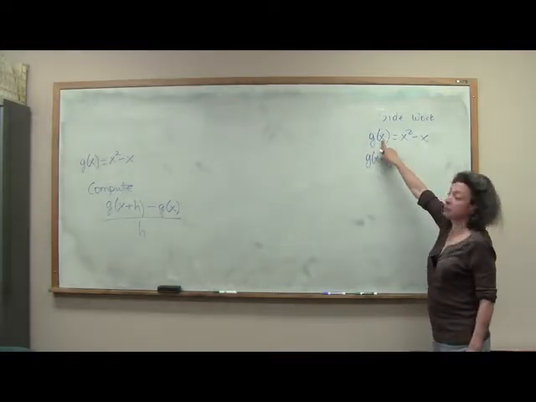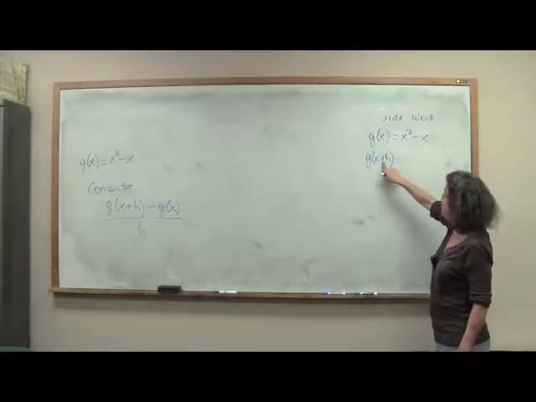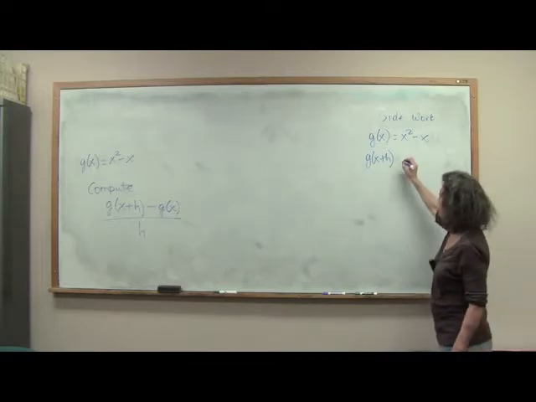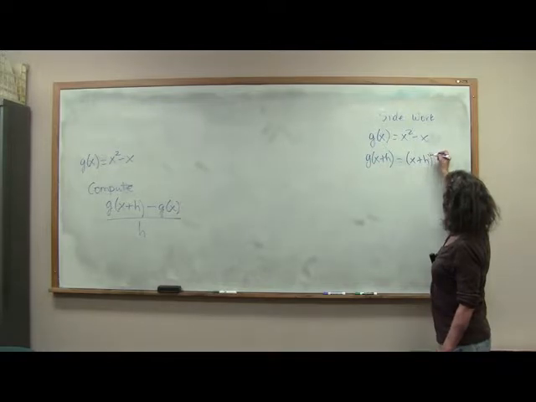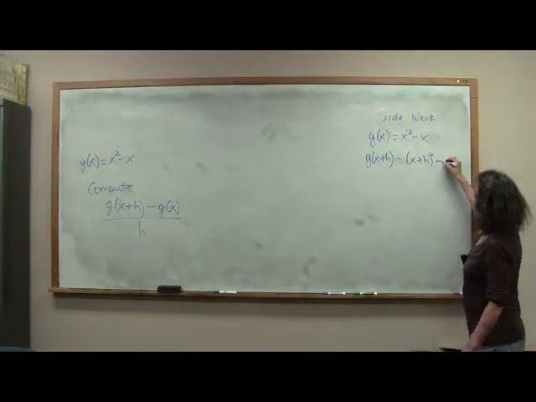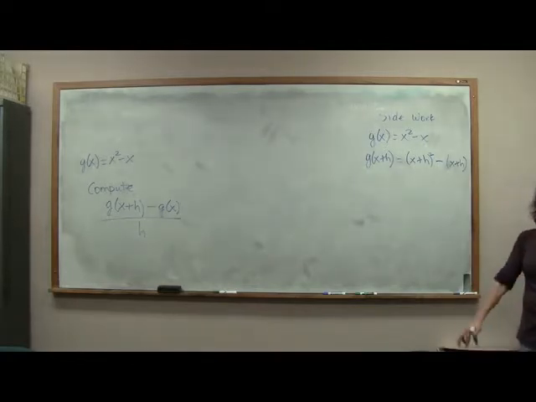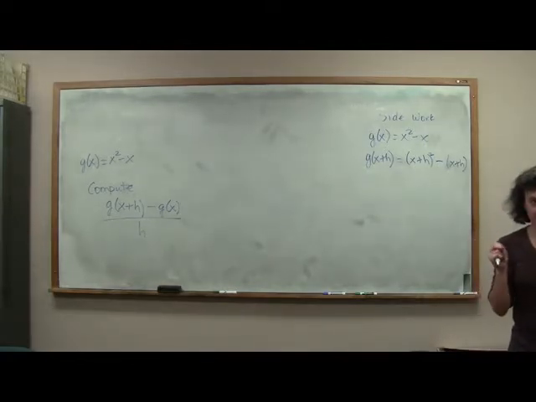Well, everywhere we see an x in our function g, we're going to plug in an x plus h. So, I see an x here, so I plugged in x plus h, and I see an x there, so I plugged in x plus h. Again, notice my parentheses. That's crucial.